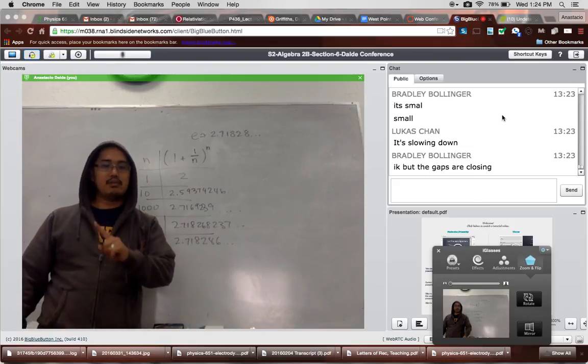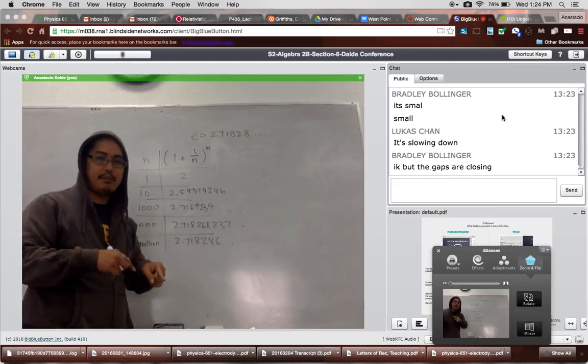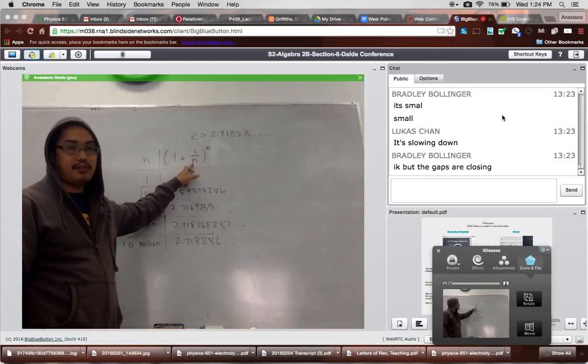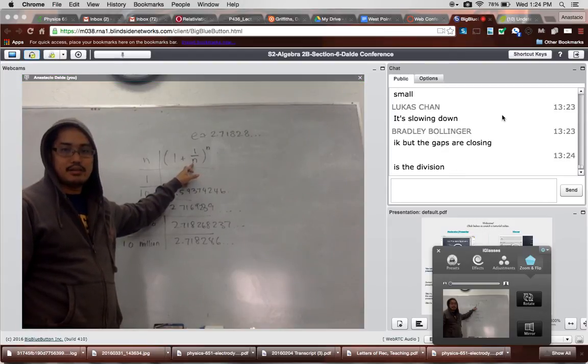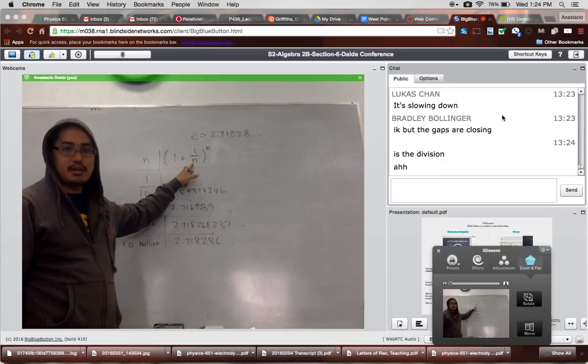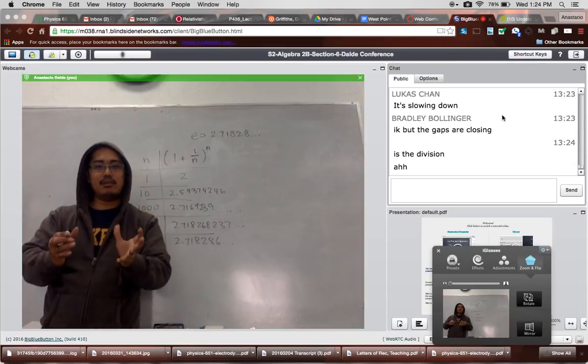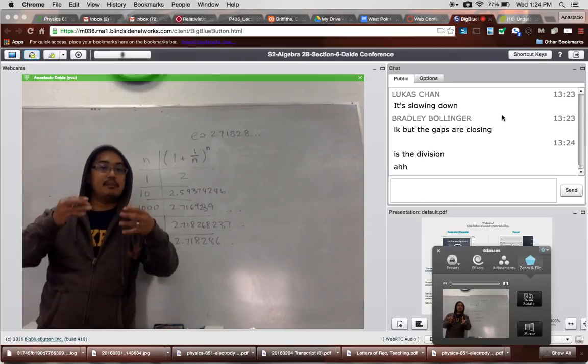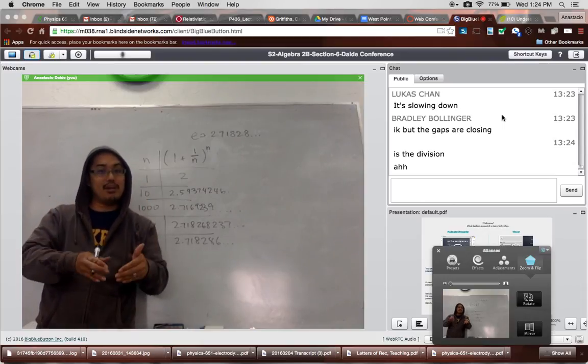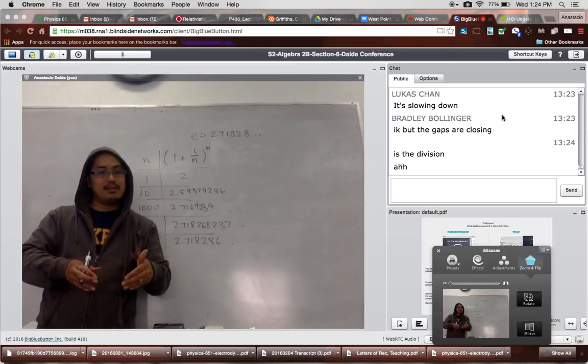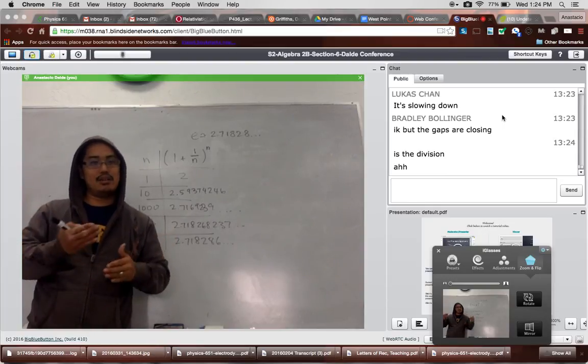But the other factor that's happening here is this divide by n. Right. This divide by n isn't making the number that you're bringing to a bigger exponent bigger. It's actually making that number smaller. So these effects are kind of canceling each other out.